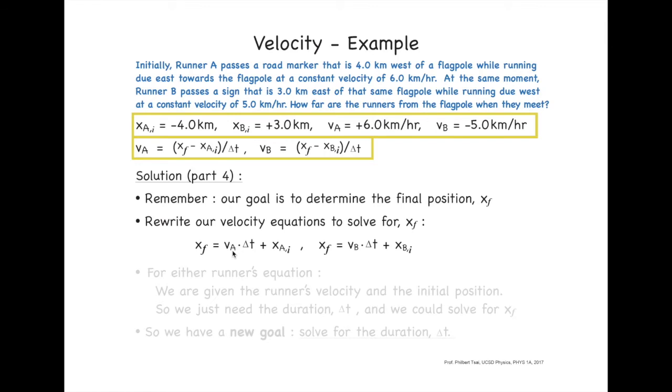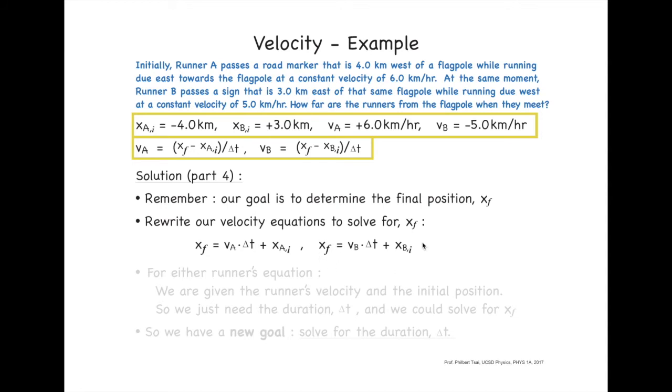If I then add xAi to both sides, I end up with vA times delta t, plus xAi, and that's what we have here. I didn't show all the steps because we already have enough steps here, but if you couldn't quite follow that just by listening to me, I encourage you to write it out for yourself. It's about 2 or 3 steps of algebra.